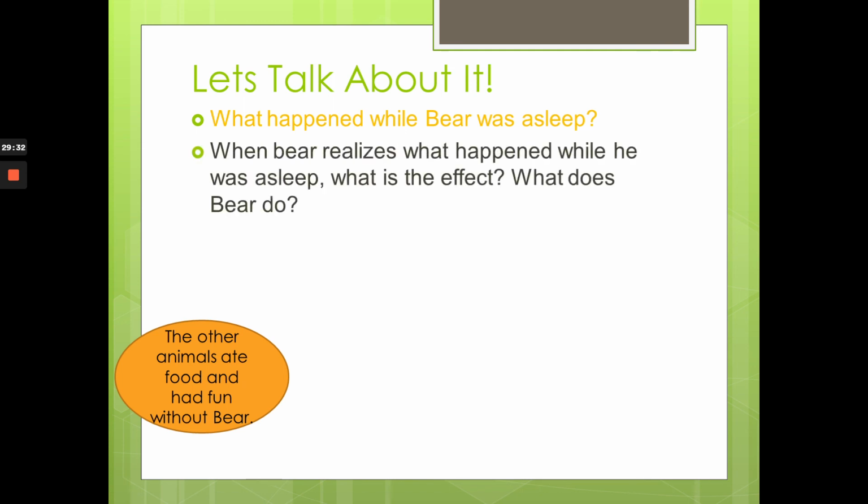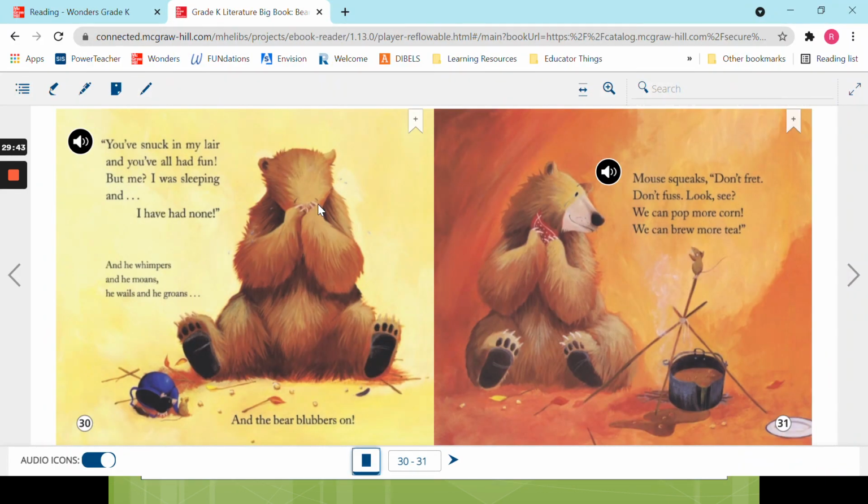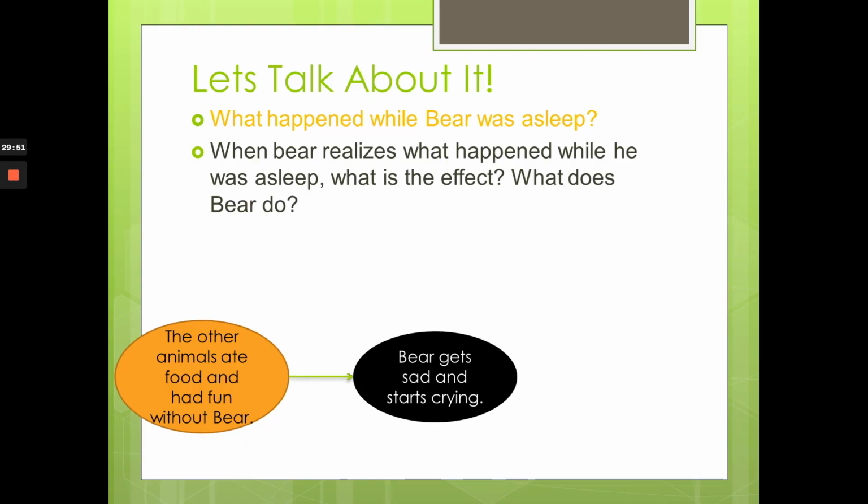My next question, when Bear realizes what happened while he was asleep, what is the effect? What does Bear do? And we can look specifically at page 30 for this one. What does Bear do when he realizes what's going on? Bear gets sad and he starts crying.